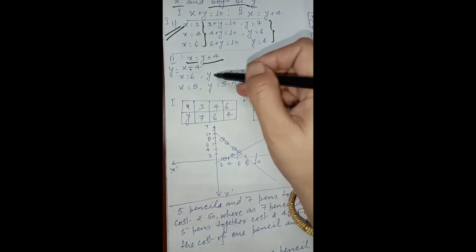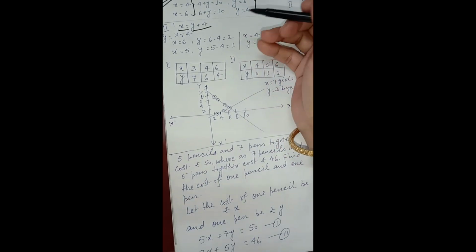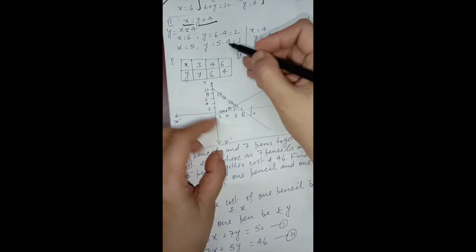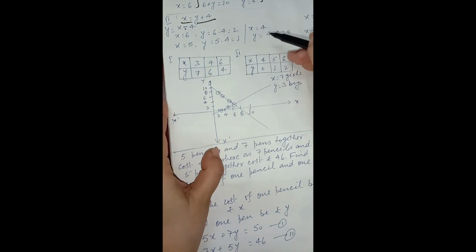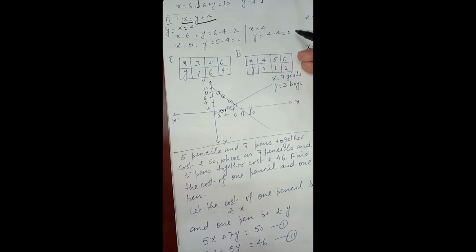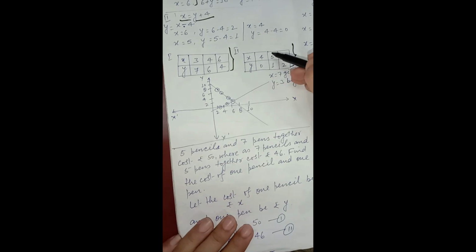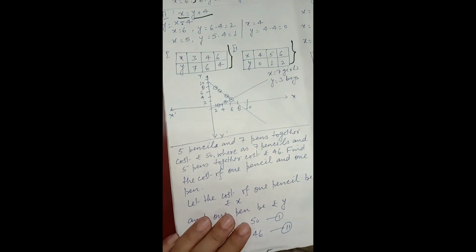When x is 6, y is 6 minus 4, 2. When x is 5, y equals to 5 minus 4, that is 1. When x is 4, y equals to 4 minus 4, that is 0. So we'll make the second table. X, y, 4, 5, 6, 0, 1, 2.